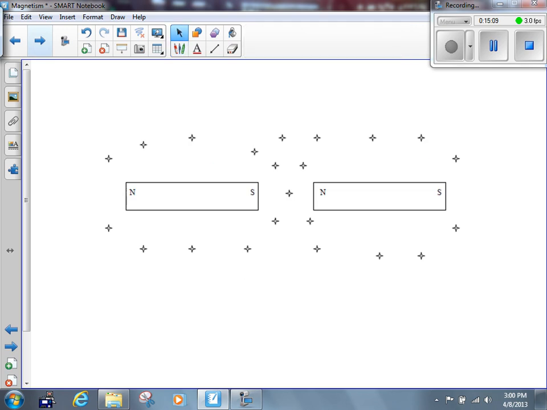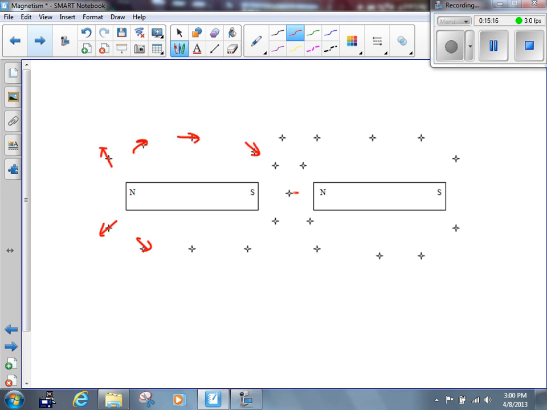Start drawing some arrows here. Should look something like this. Okay, so the arrows start looking something like that. When we start connecting the dots there, connecting the arrows, it's going to look like this.